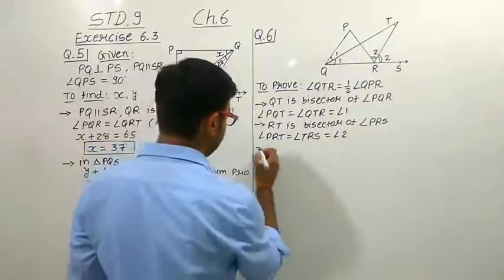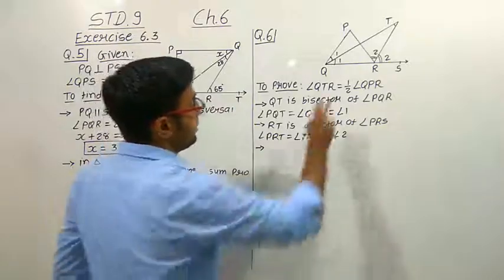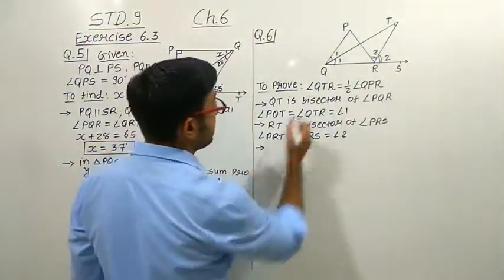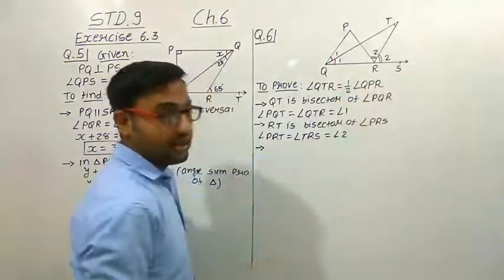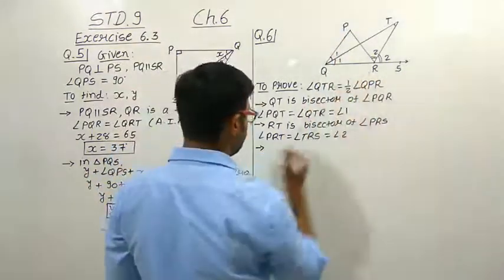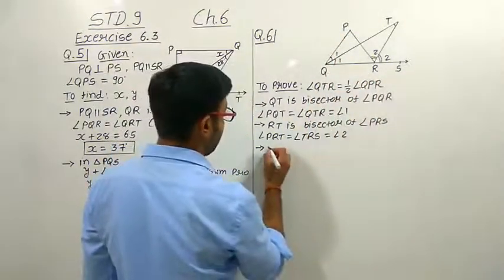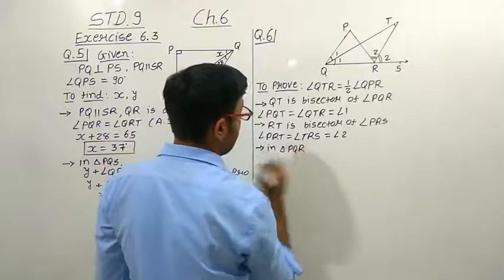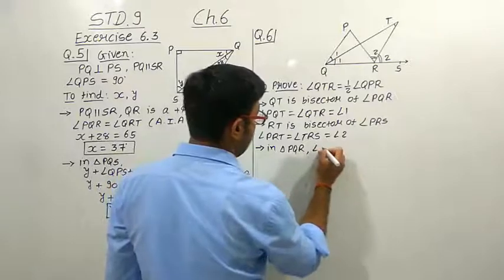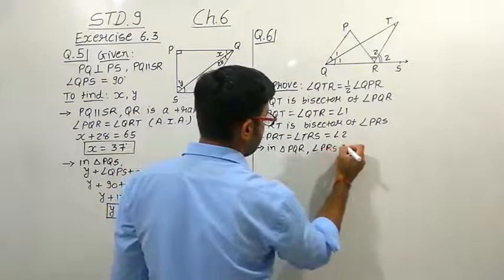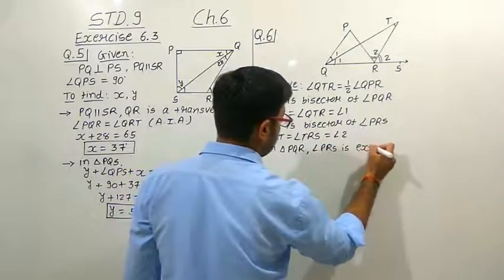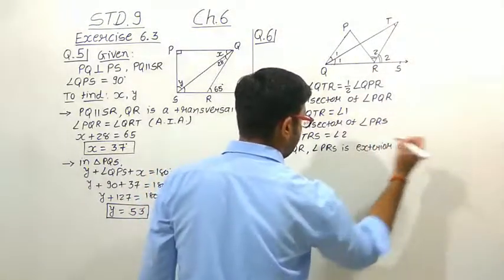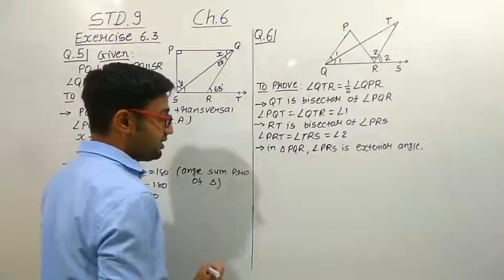Okay, now see, angle PRS is the exterior angle for triangle PQR. So here we can write down that in triangle PQR, angle PRS is the exterior angle.